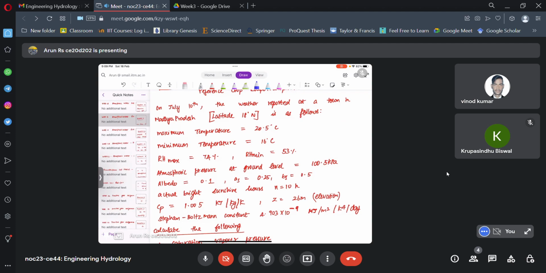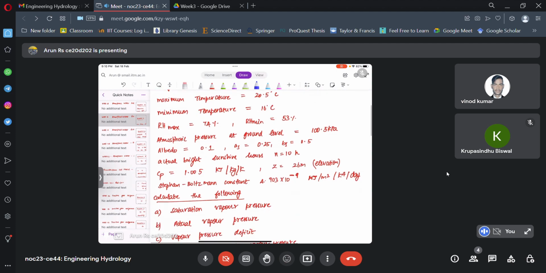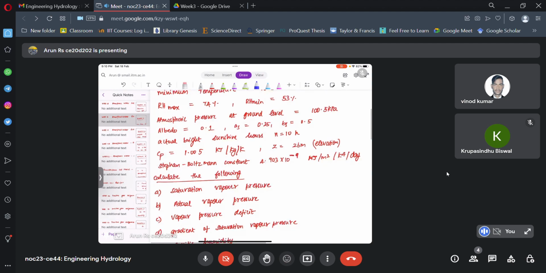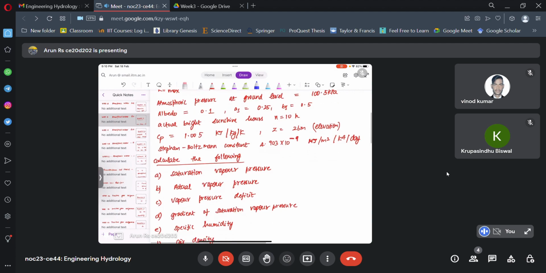The question is: on July 10th, the weather reported at a town in Madhya Pradesh, latitude approximately 18 degrees north, is given. Your maximum temperature is 20.5 degrees centigrade, your minimum temperature is 16 degrees centigrade, relative humidity maximum is 74, minimum is 53. Atmospheric pressure is given. Albedo is given. The other constants, we'll come to that later.